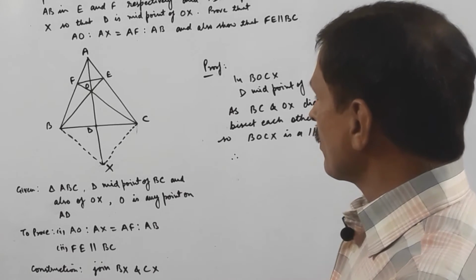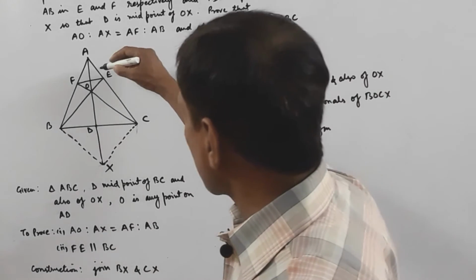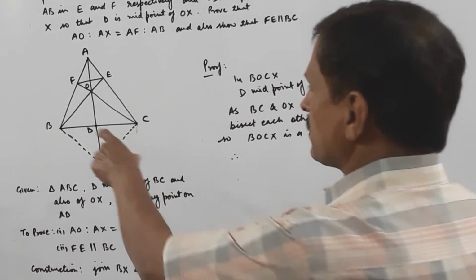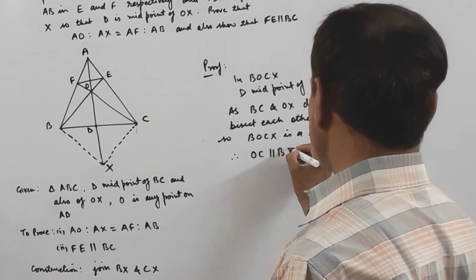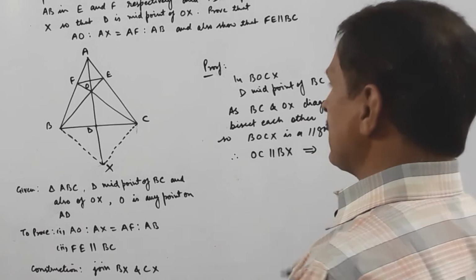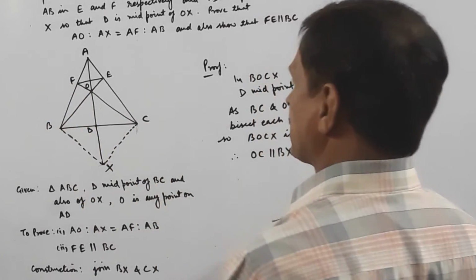Therefore OC is parallel to BX, which implies OF is parallel to BX.